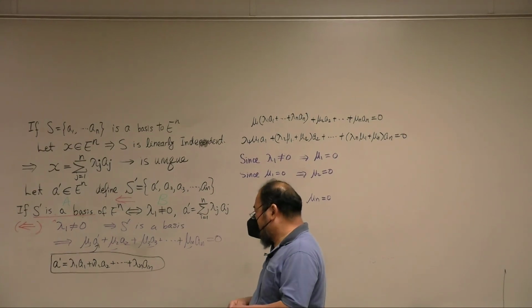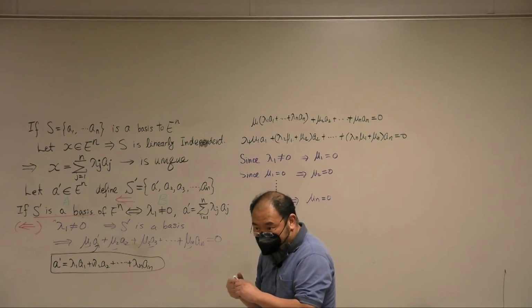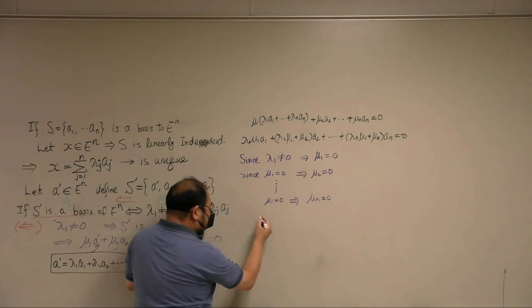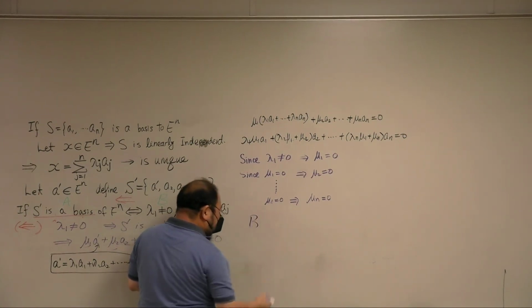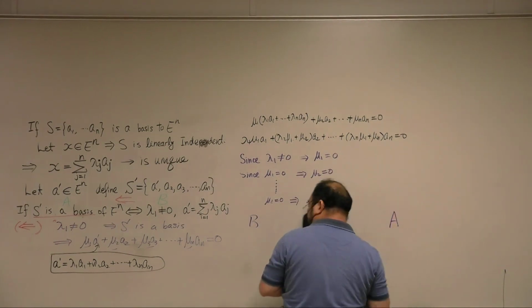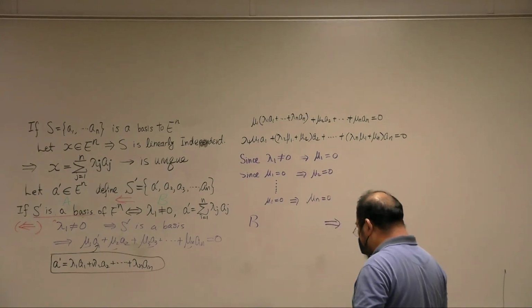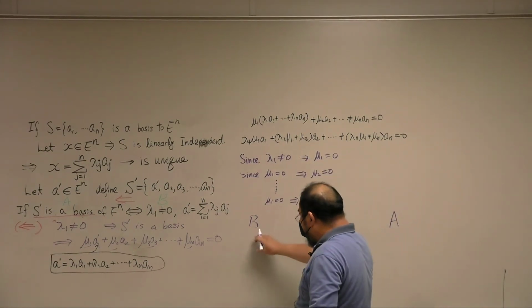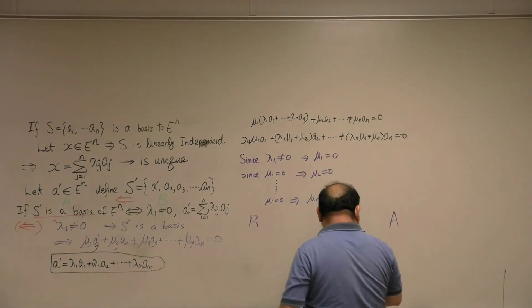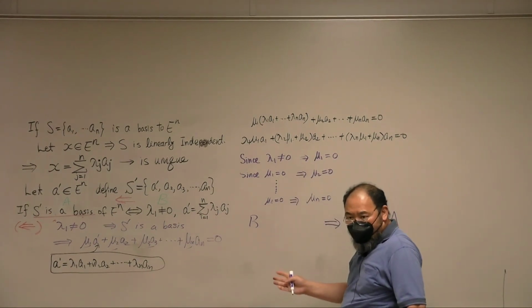And this is the standard so-called forward-backward method. I'll explain why. In this proof, we want to show B implies A. Correct? This is what we're trying to show. But this one is okay: lambda 1 is not equal to 0. But what is A? A is a basis, correct? But what does that mean?